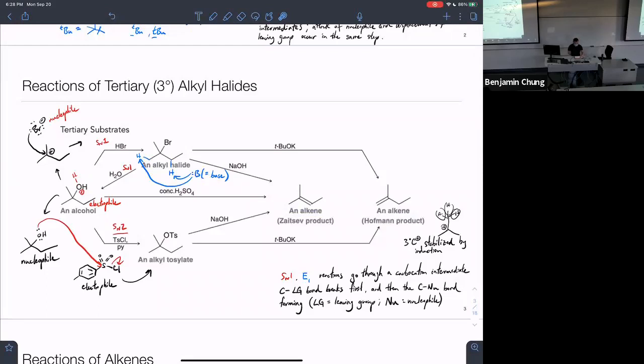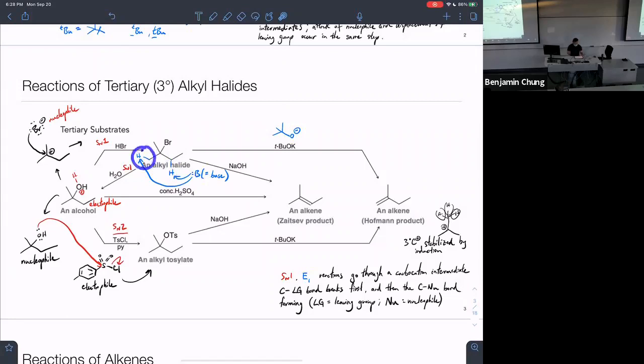So if you use a bulkier base like tert-butoxide, it's got a lot of steric hindrance at that position. So this base would like to deprotonate at a region that is more sterically accessible. So here, this is like a secondary CH bond, and this is like a primary CH bond.